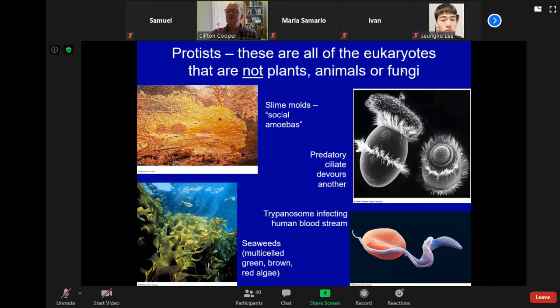Then we've got all this other junk left over, and we just say, okay, that's kingdom Protista. It's kind of a fake kingdom. It's basically an association of a whole lot of other life forms that really don't fit under another category. But these are much of the diversity of life on the planet.